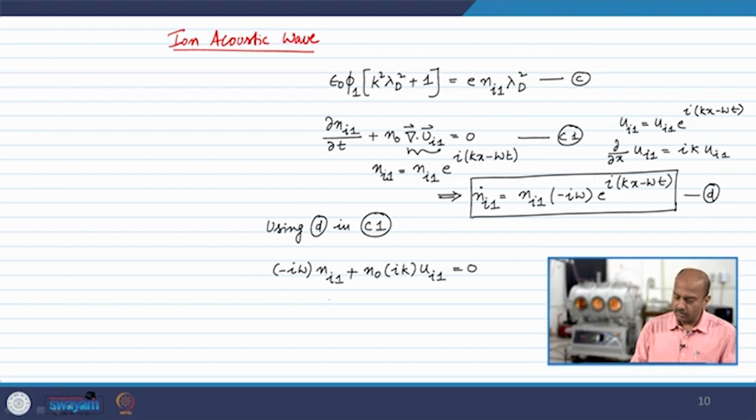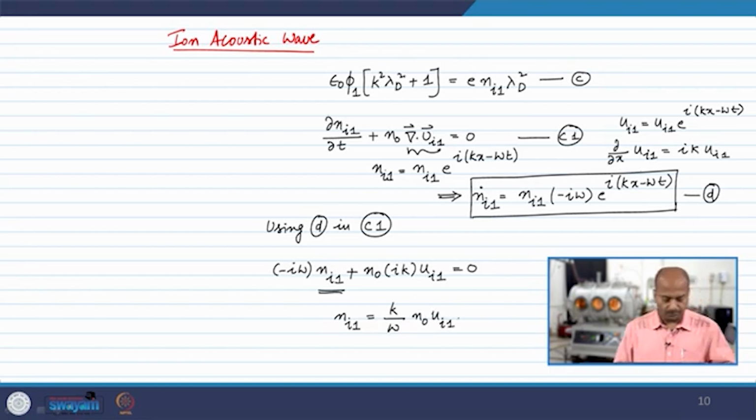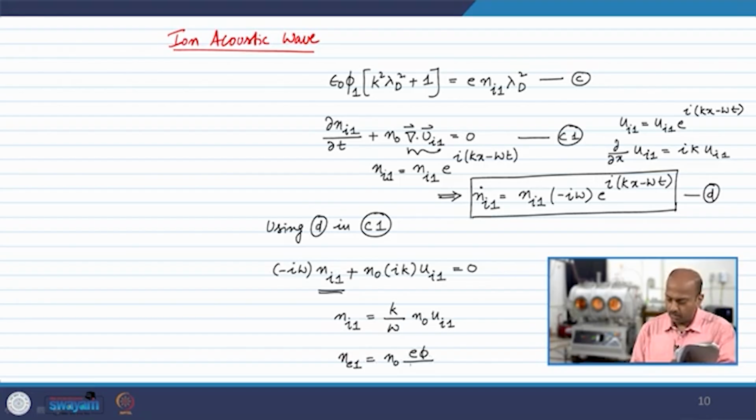So, from this n I1 can be written as n I1 is equal to k by omega n naught u I1. Now, in the earlier class we have derived n E1 is equal to n naught e phi by k V T, and n I1 is derived now to be equal to k by omega n naught u I1.